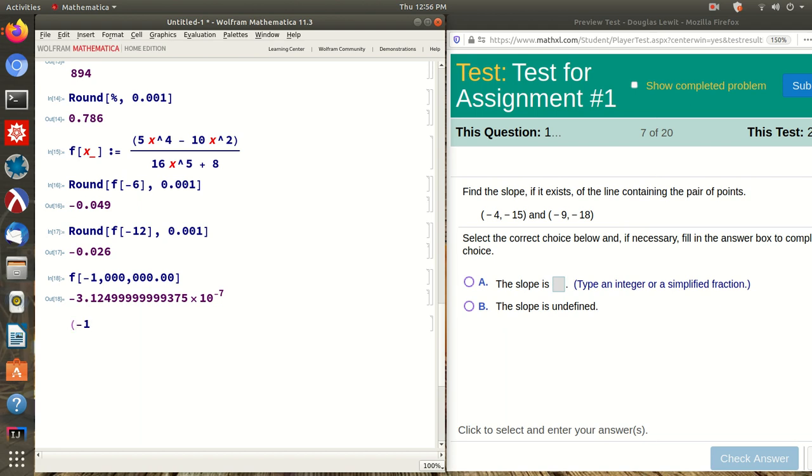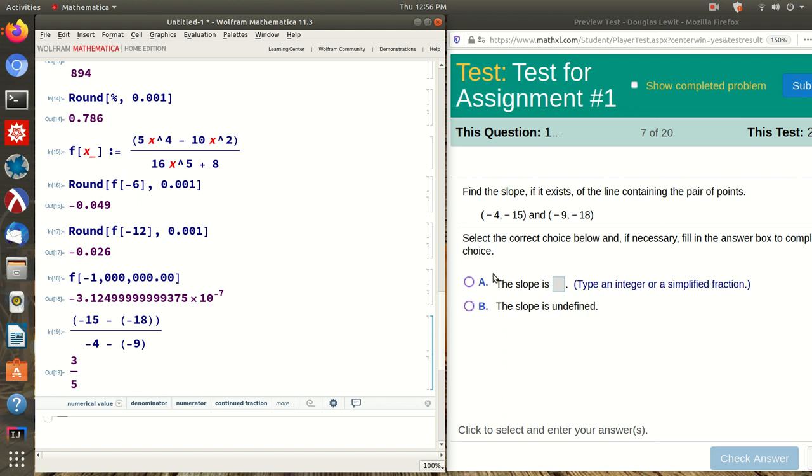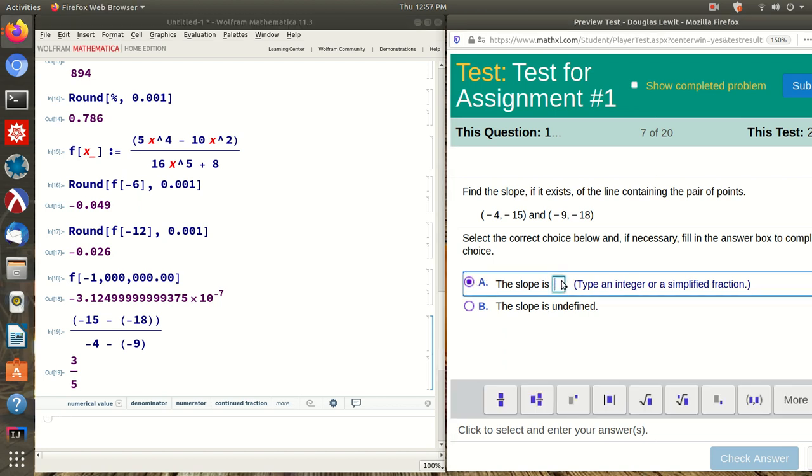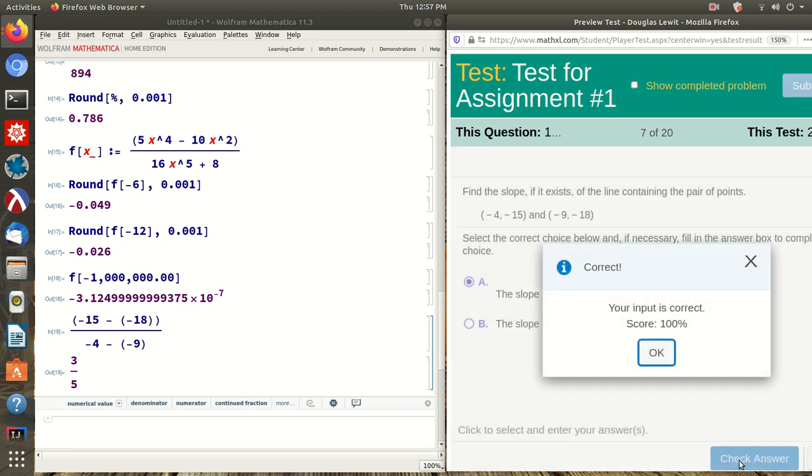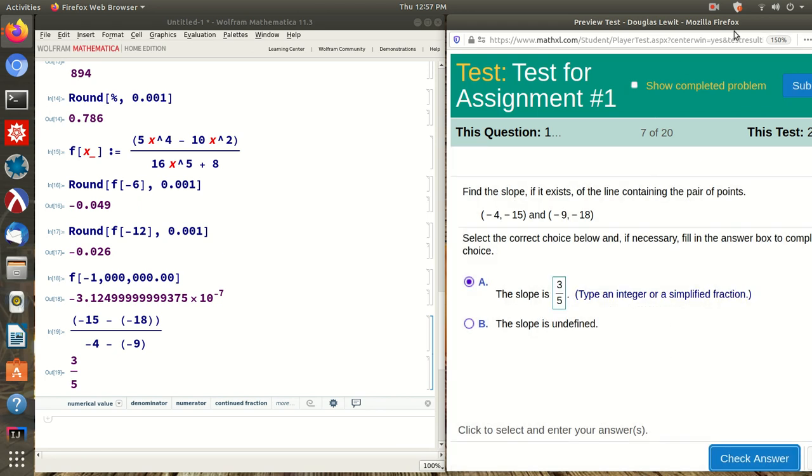Negative 15 minus negative 18, divided by negative 4 minus negative 9. So the slope is 3/5. Your input is correct, score 100%. Okay, great. Let's move on to the next one.